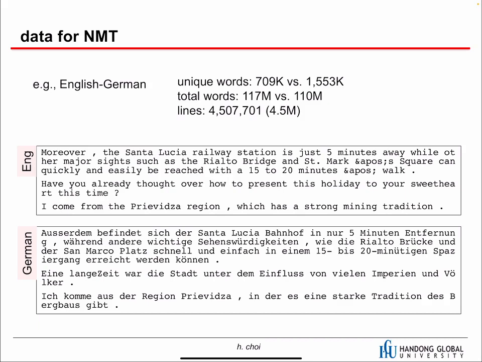As long as we have a pairwise corpus, we can build a neural machine translation system. We need a lot of sentences, like 4.5 million pairwise sentences. Then we can build one nice translation system. So we don't need linguistic knowledge at all. If we have it, then maybe we can use it.